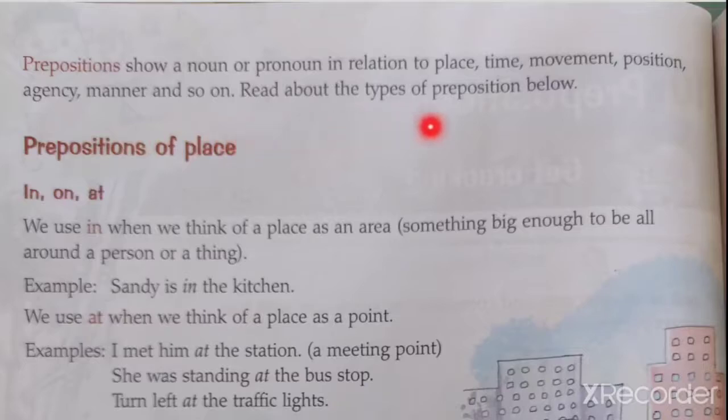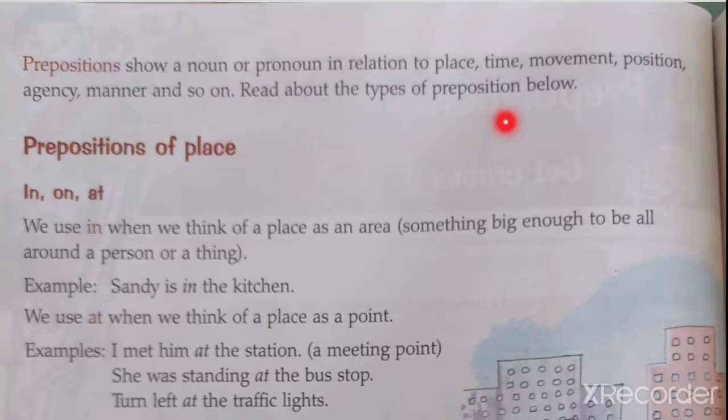Read about the types of preposition below. I told you before also that a preposition is a word that is used before a noun or pronoun, and it shows a relation to place, time, movement, position, agency, manner, and so on. And for that, we'll see different types of prepositions here.